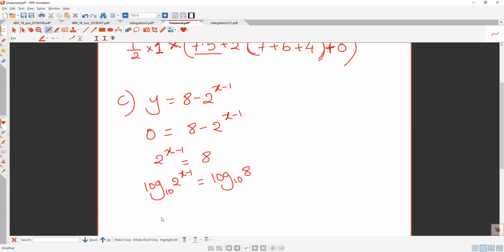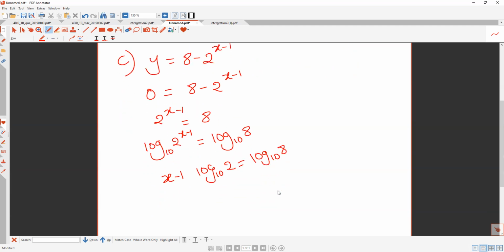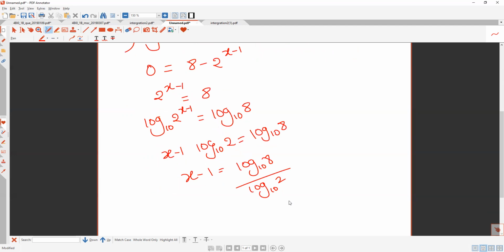Then what I can do is bring this x minus 1 this side. I can write log to the base 10 of 8 divided by log to the base 10 of 2. Clear? Do this in your calculator. How much are you getting?